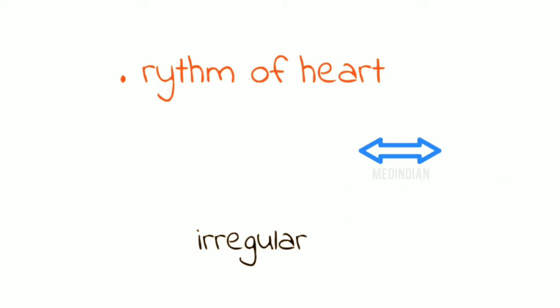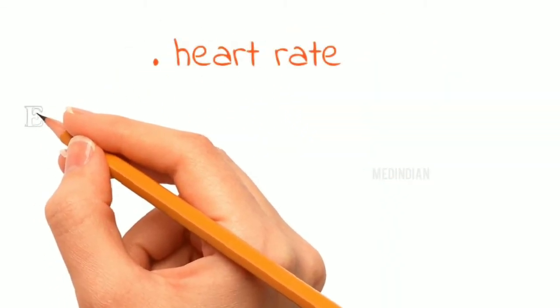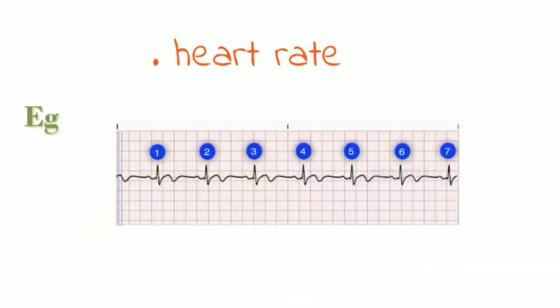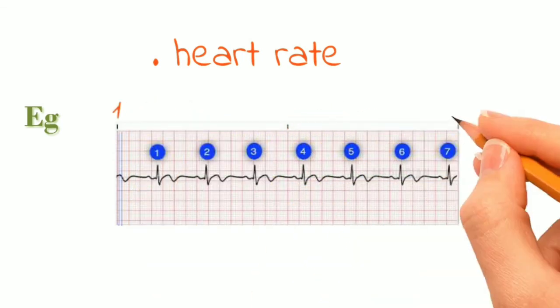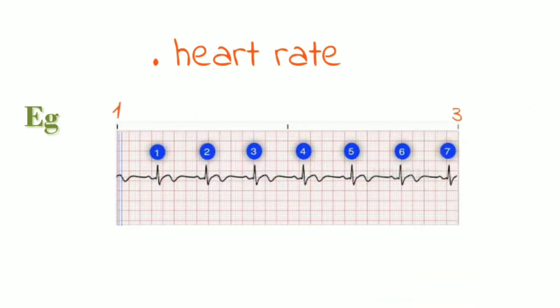Moving on, let's calculate the heart rate. If our ECG strip is a 6-second strip, we can see 3 lines above the strip. The first line up to the third line gives 6 seconds. Now, count the number of R's in between these lines and multiply that number by 10.